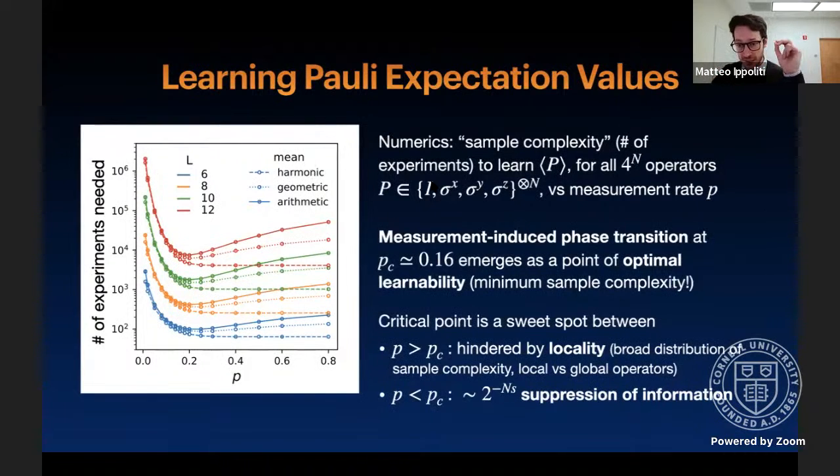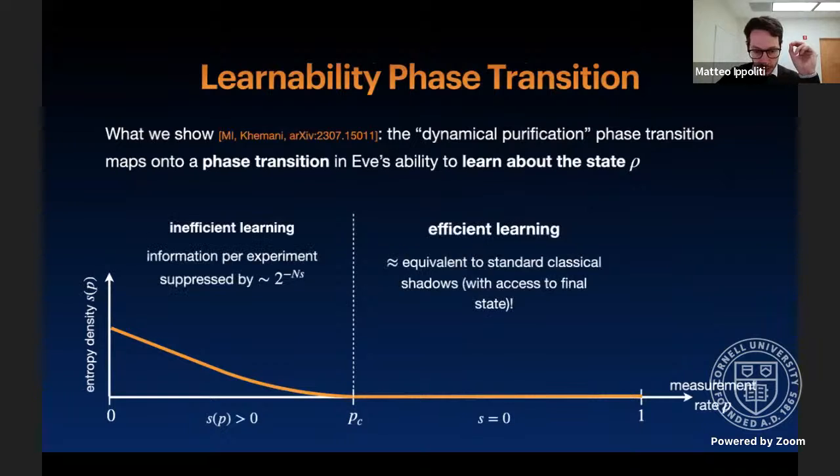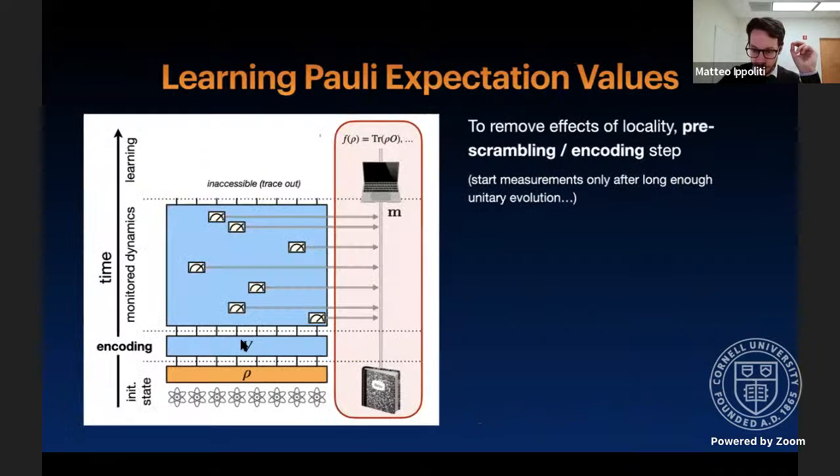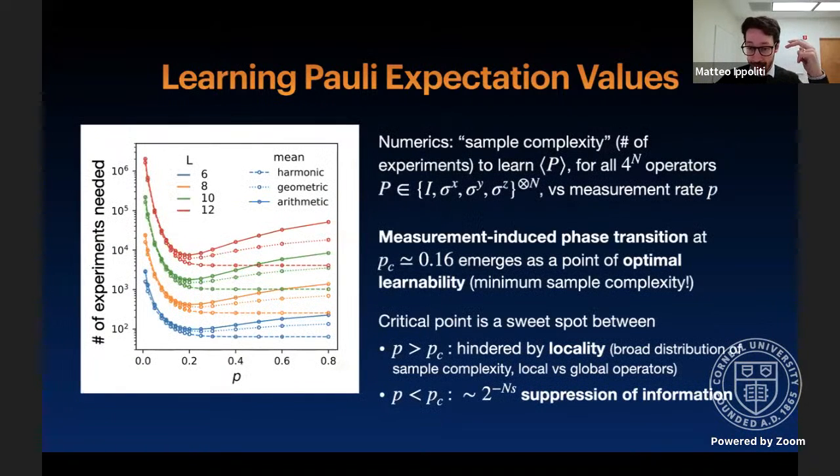This is in the case in which you're not doing this pre-scrambling step, so you're just diving right into the monitored dynamics. And so it becomes possible to have measurements right on the state right away, and then you're very sensitive to locality. So we see this non-monotonic behavior where the measurement-induced phase transition, which I mentioned was around 16%, is basically where this minimum is. We see it come out as an optimum between two things that happen.